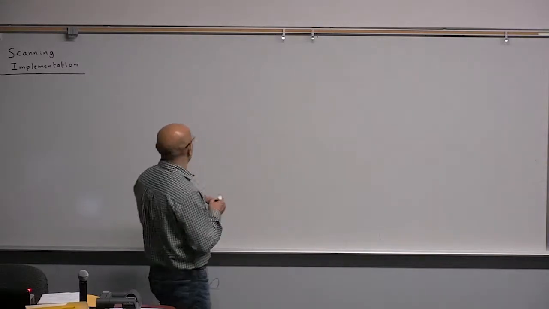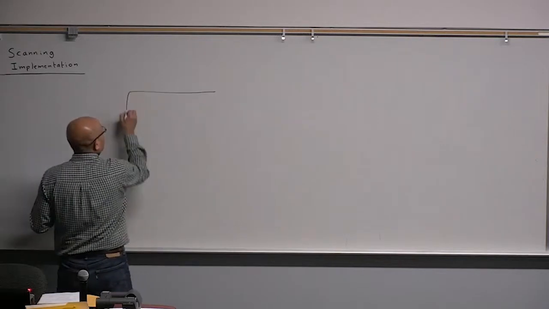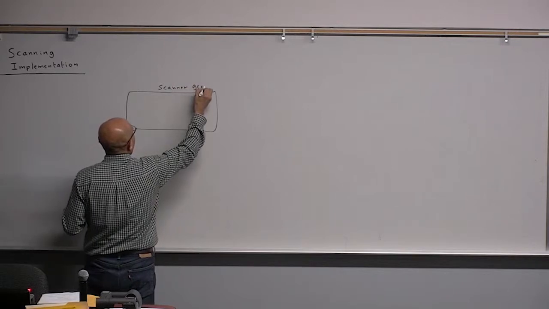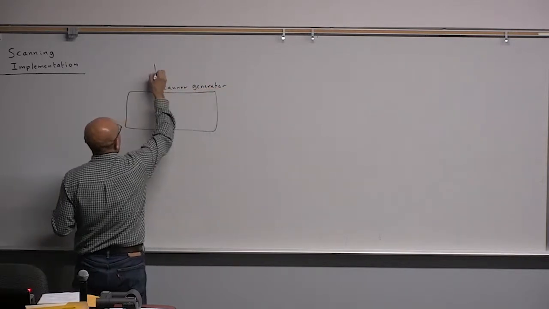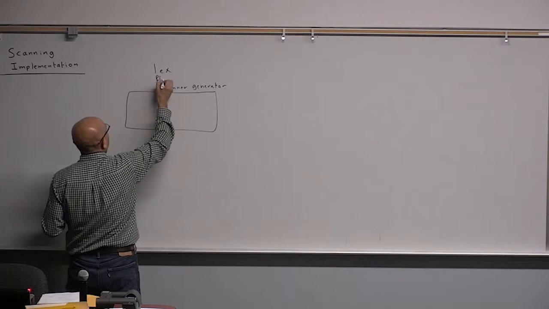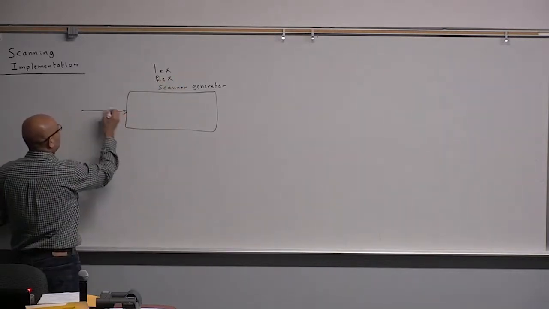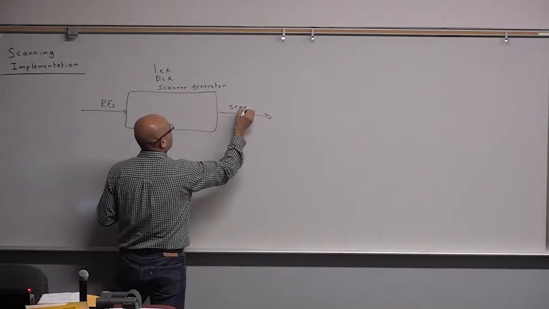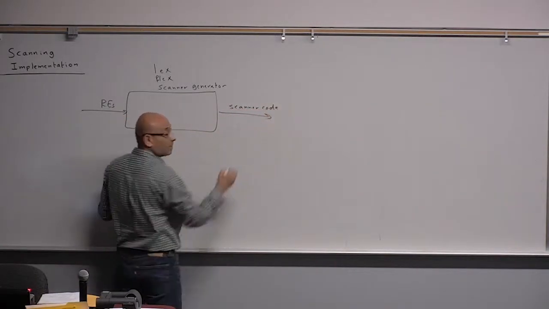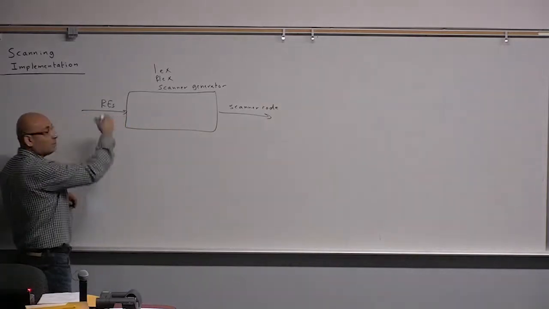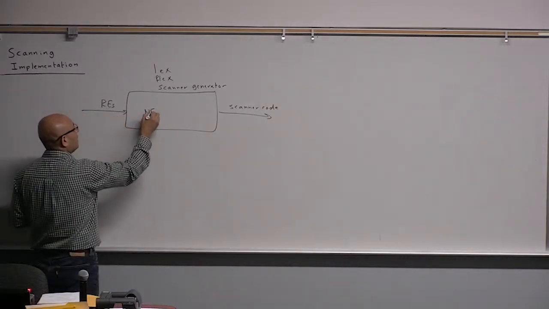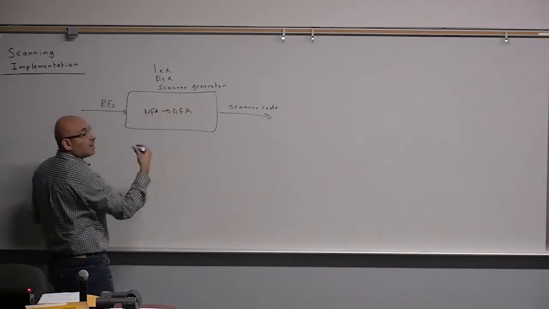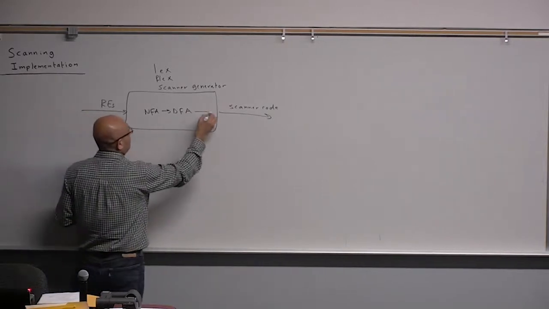Like we said last time, with a scanner generator like Lex or Flex, you just feed it the regular expressions, and it gives you the scanner code. Internally, it converts the regular expression to an NFA, then converts it into a DFA, then minimizes the DFA, then generates the code.